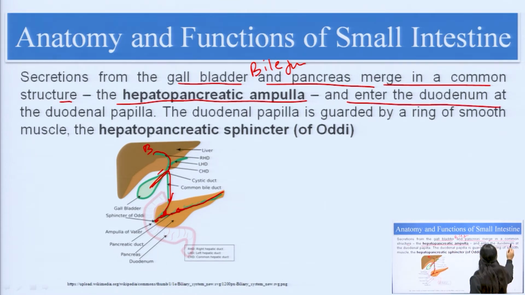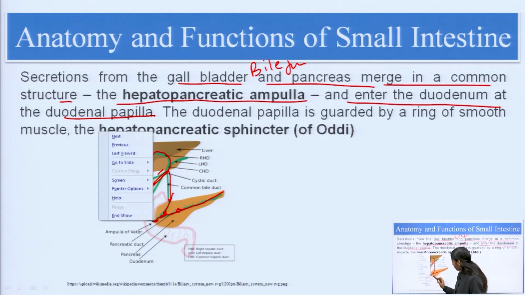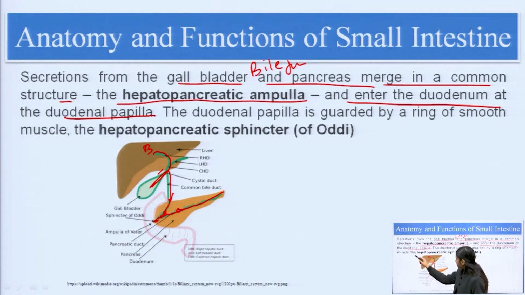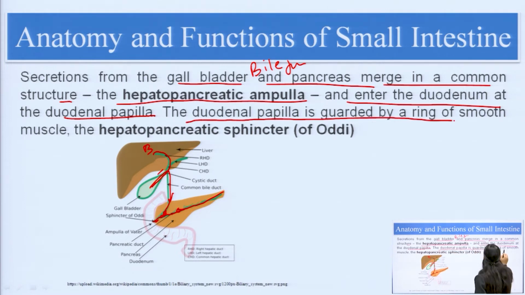They enter the duodenum at the duodenal papilla, which is the opening to the duodenum. That duodenal papilla is guarded by a ring. If there is an opening, there is a need for some gate to close it.